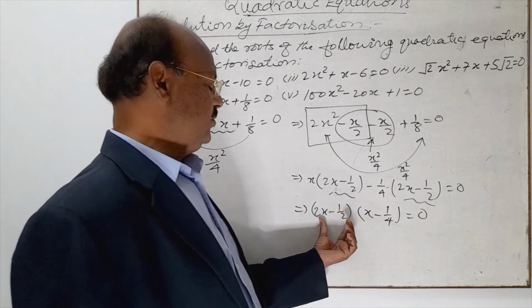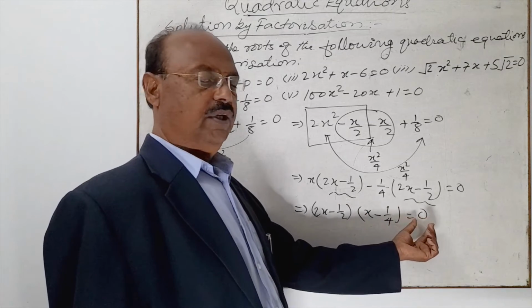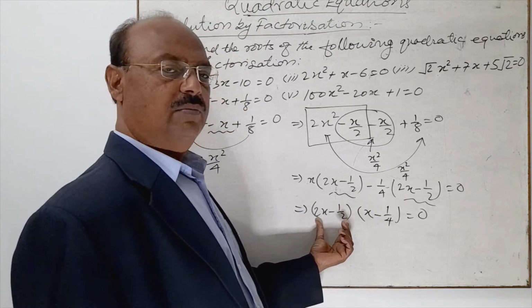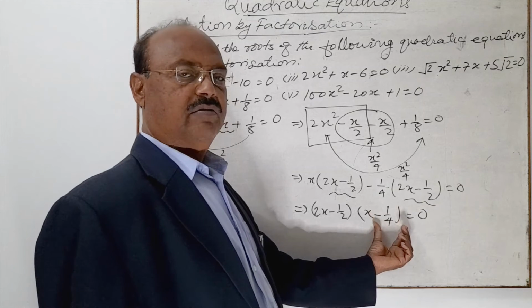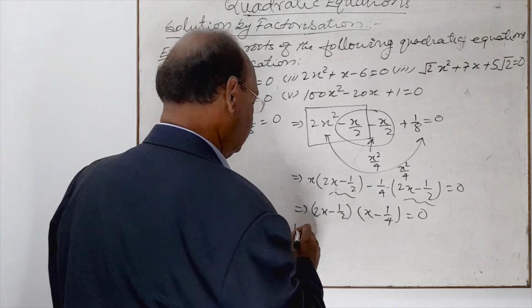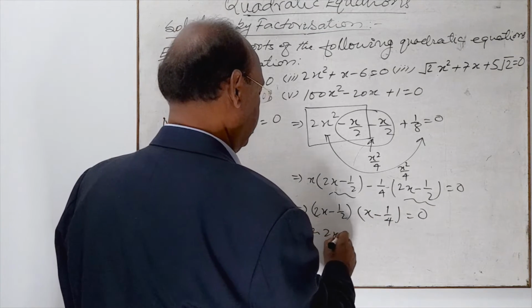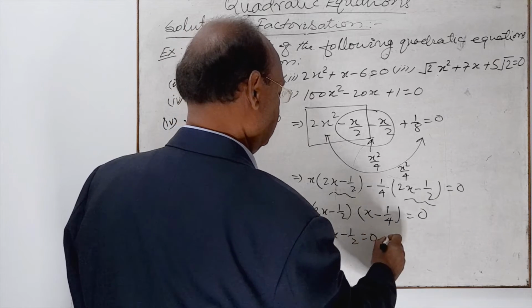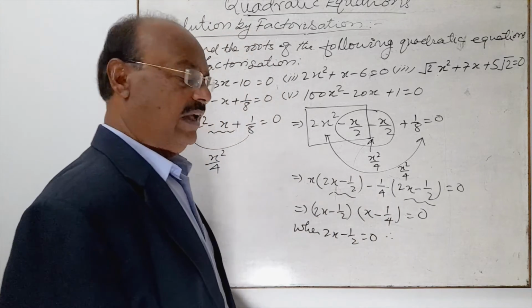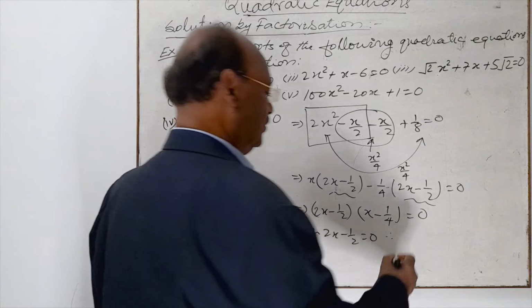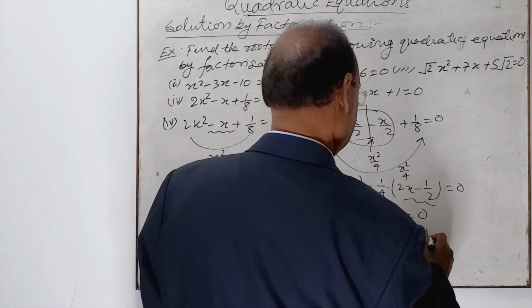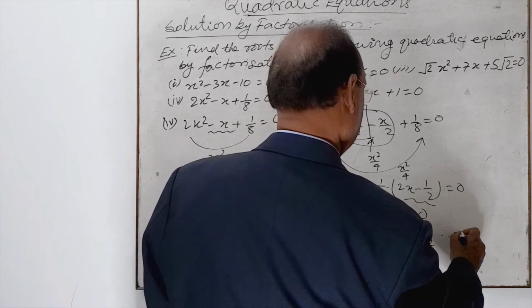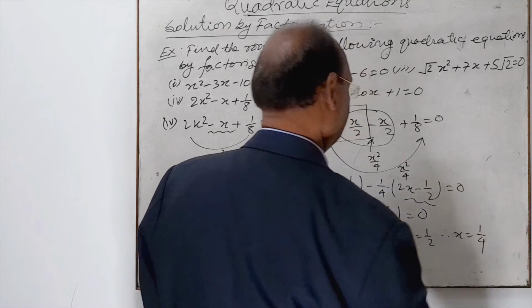Now the product of these two linear expressions is 0. It means either this part will be 0 or this part will be 0. So whenever the first part is 0, when 2x minus half is equal to 0, you can get the value of x here. So you see 2x is equal to half, and therefore x is equal to 1 by 4.